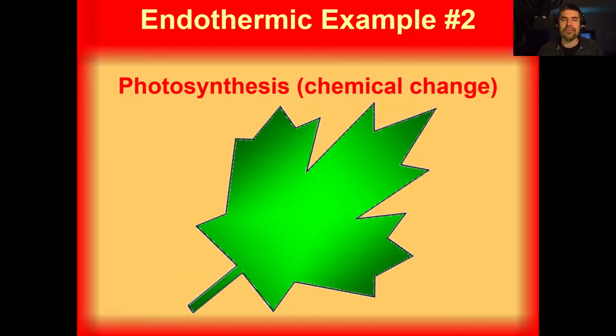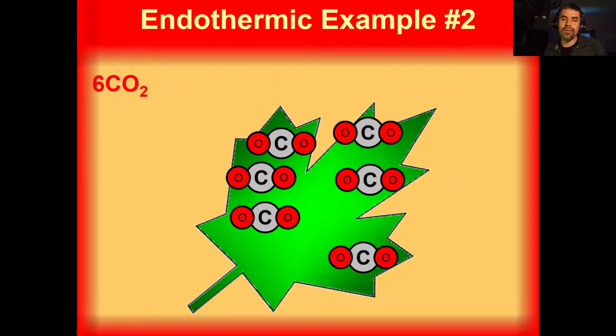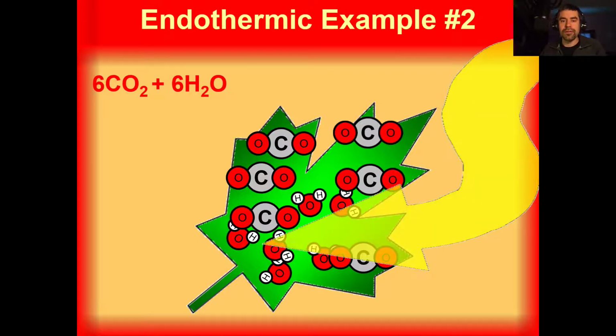So photosynthesis is an endothermic process as well. In a leaf, we have carbon dioxide that comes in from the environment, from the atmosphere. We also have some water that comes up through the stem and the roots. Now we're going to add some energy to this system in the form of the sunlight.